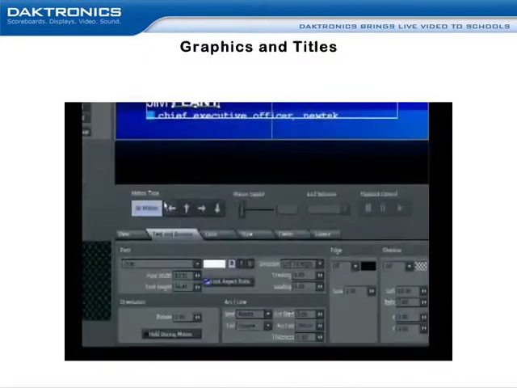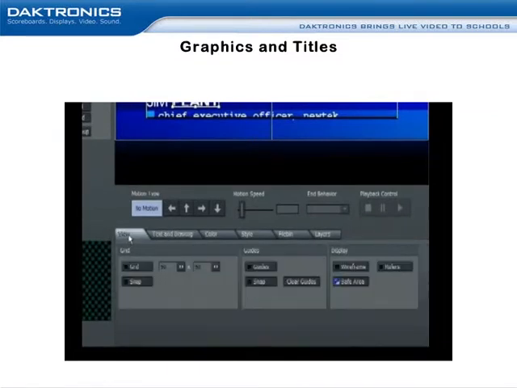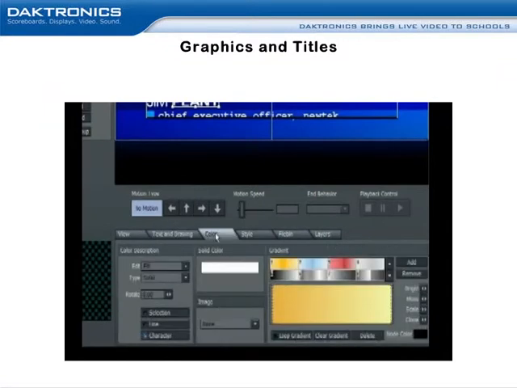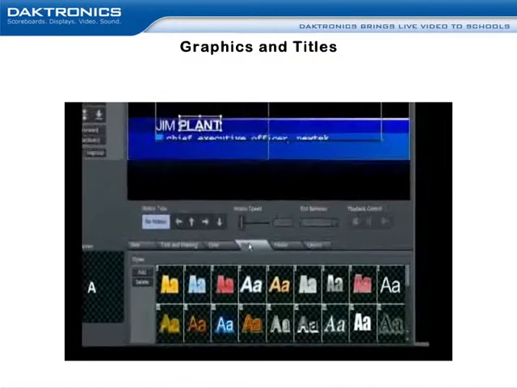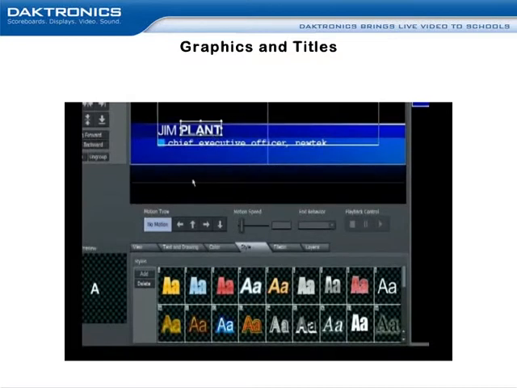Again, we have a tab-based interface down here, and this allows us to go through our viewing options, our text and drawing tools and options, our color selection for creating either solid colors or gradients. We have a variety of predetermined font styles, and again, if I select an element of text, I can just click on any of these predetermined font styles to change the look of that text.